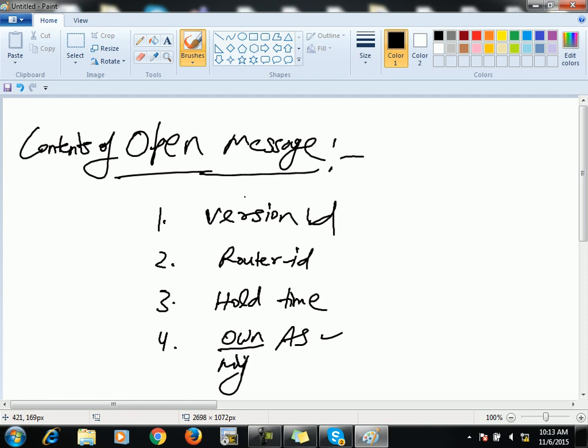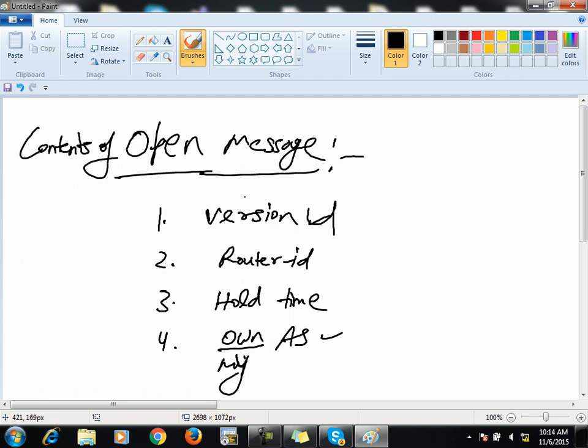Once they have exchanged their open packets with each other, and now they agree to form neighborship, then they will start sending keepalive messages every 60 seconds. Keepalive messages are used in BGP just to inform its neighbor that I am still alive, do not break neighborship with me, right?